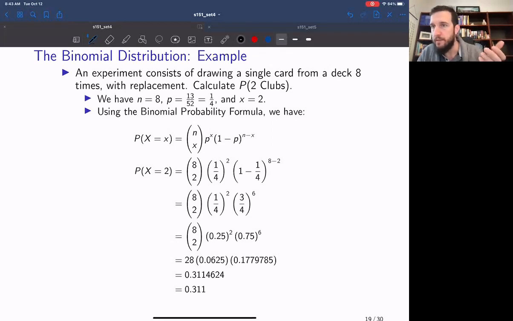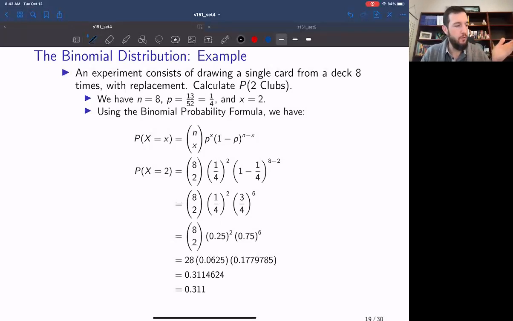Little x is equal to 2 because we have 2 successes, which would be 2 clubs. And then little p is the probability of observing a club. There are 13 clubs in the deck, 52 cards total, so little p is 13 over 52, which is a quarter.